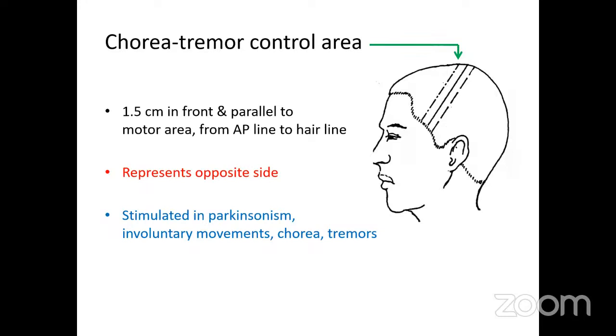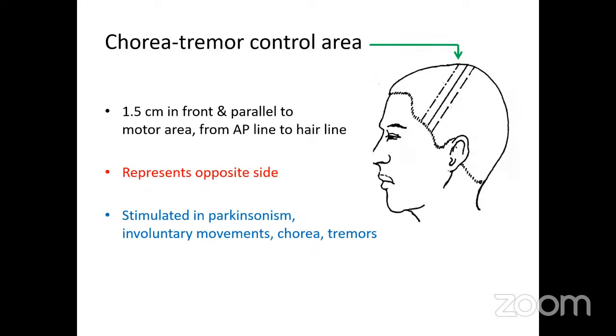So this is 1.5 centimeters in front of the motor area. Okay. So actually it is 1 centimeter in front of the midpoint of AP line. Just to confuse you. Motor area was 0.5 centimeters behind. Or here 1.5 centimeters anterior. This means it is 1 centimeter anterior to the midpoint. Okay.